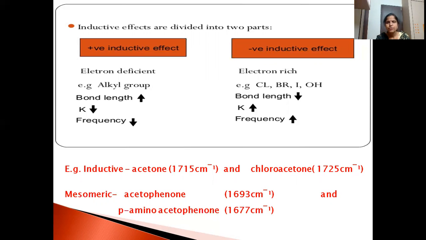The amino group has a lone pair of electrons. Those lone pair electrons can be delocalized into the benzene ring and then towards the C=O group also. So what is happening to the bond length? The bond length increases, the K value decreases, so the frequency also decreases. That is the reason that when we have the amino group, the bond length increases and the frequency decreases.